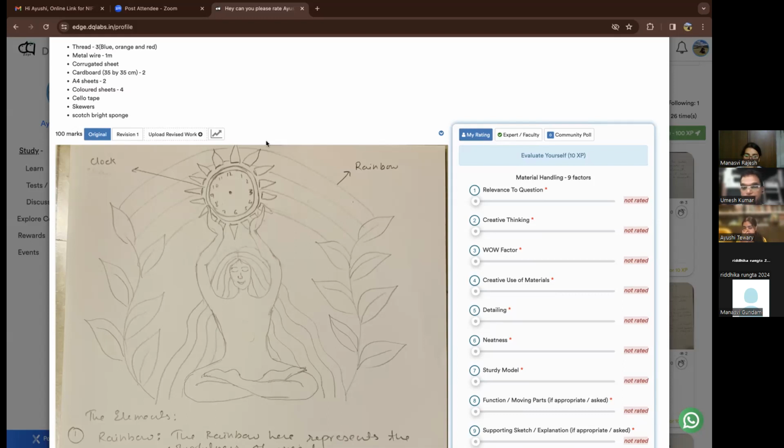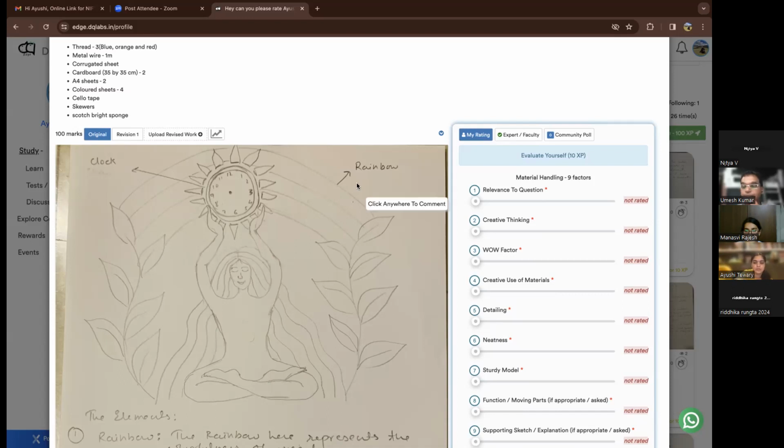Okay, so let me see if the whiteboard works. Let me try a whiteboard. Stop screen sharing. Should I stop screen sharing? I think it automatically stops the screen sharing. Let us see. You can continue.